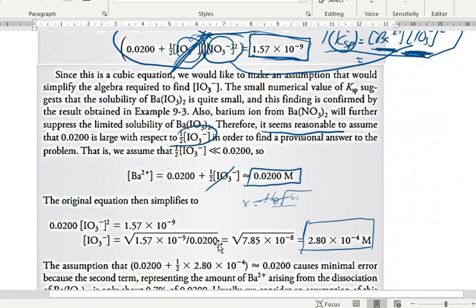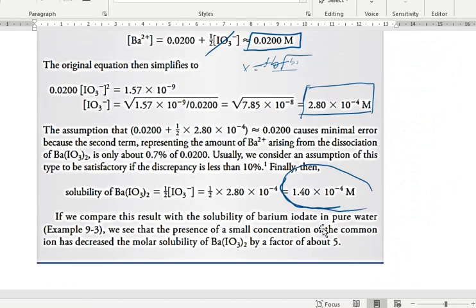And that's a big difference: 1.4 versus 7. So indeed, Le Chatelier's principle was able to predict the equilibrium shift when an equilibrium system was disturbed.